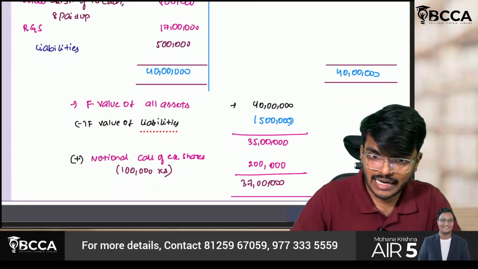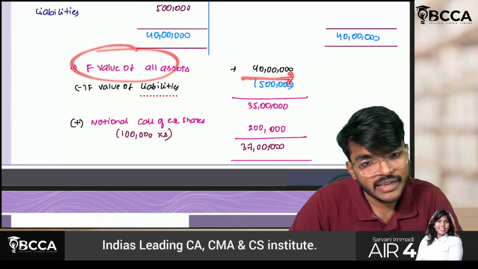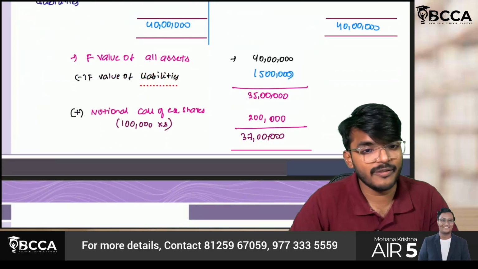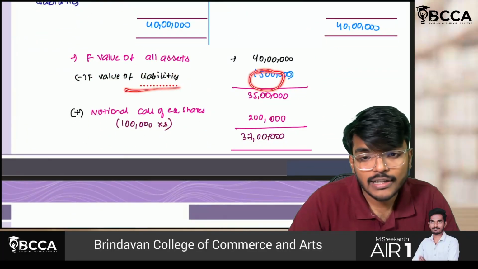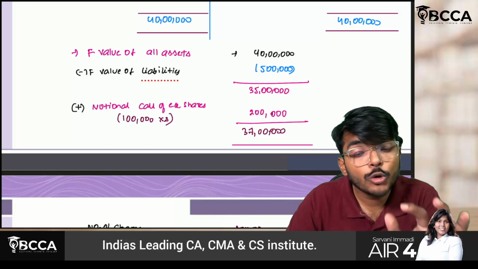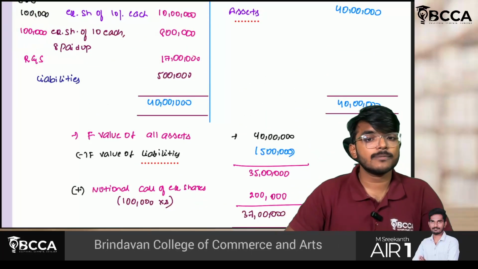Now try to understand what I am trying to say. Fair value of all assets, assume it is 40 lakh rupees only. I have taken the same book value as the fair value. Liability is 5 lakh, so my net assets is 35 lakh. Now I am saying you have to ask these 1 lakh shareholders to pay that 2 rupees.